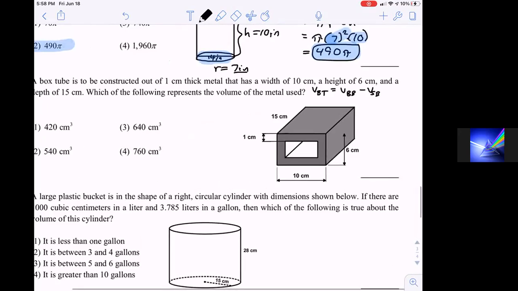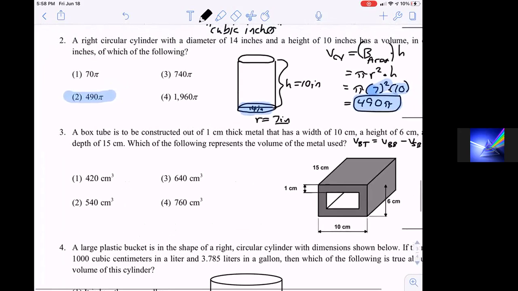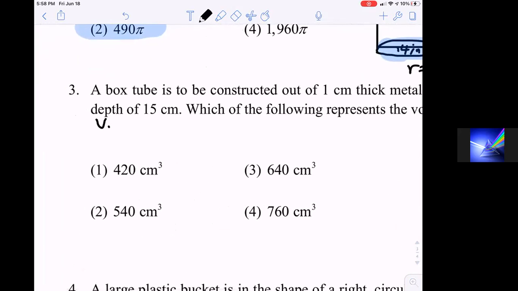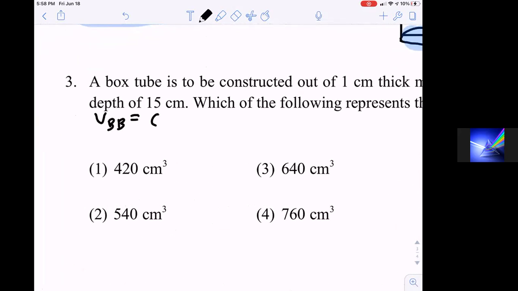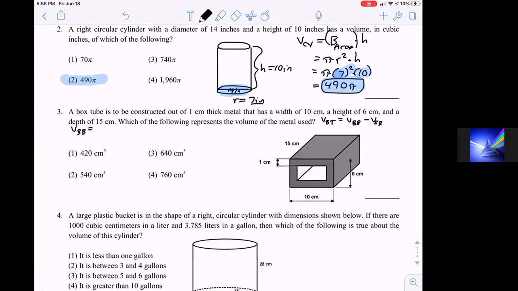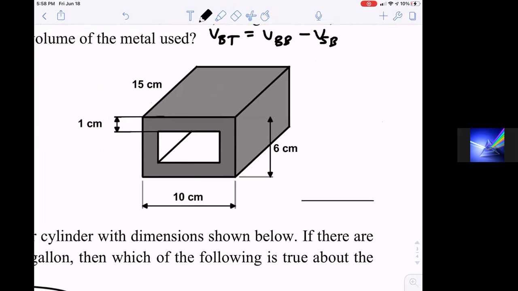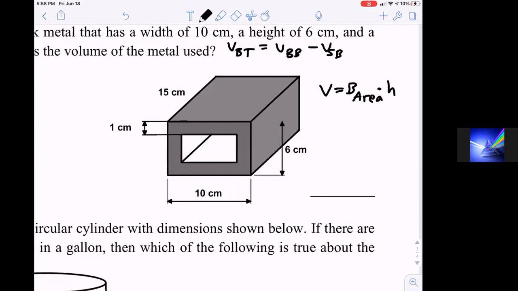Okay, so the volume of the big box. Well, we need essentially length times width times height, or area of the base times height. Now, for a rectangular prism, again, the volume would be base area times height.